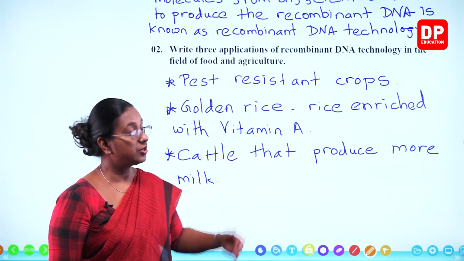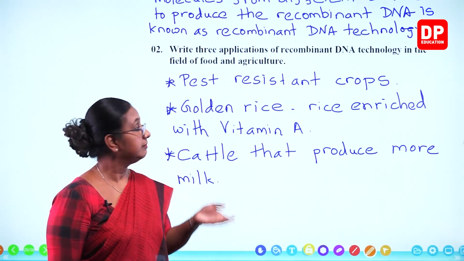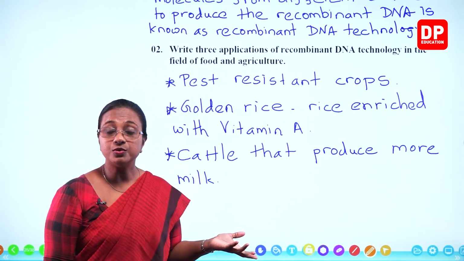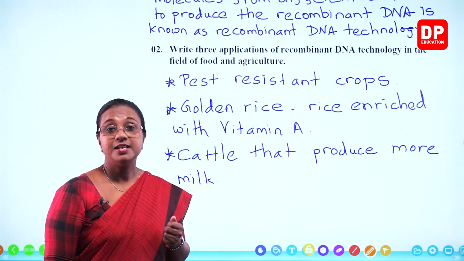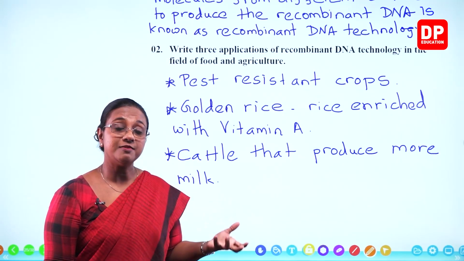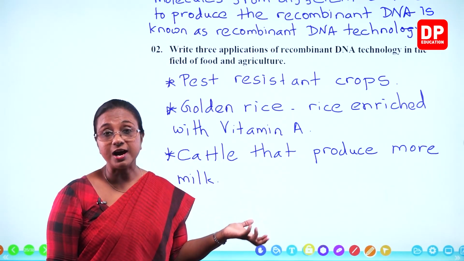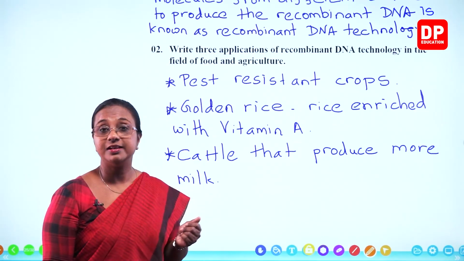You can also say tomato plants that can withstand cold weather. Then weedicide-resistant crops. And also increase the yield of plants. Then the genetically modified vegetables and fruits which are more healthy, which are more nutritive, which are more larger, more fleshy, more tastier, all those can be written here.